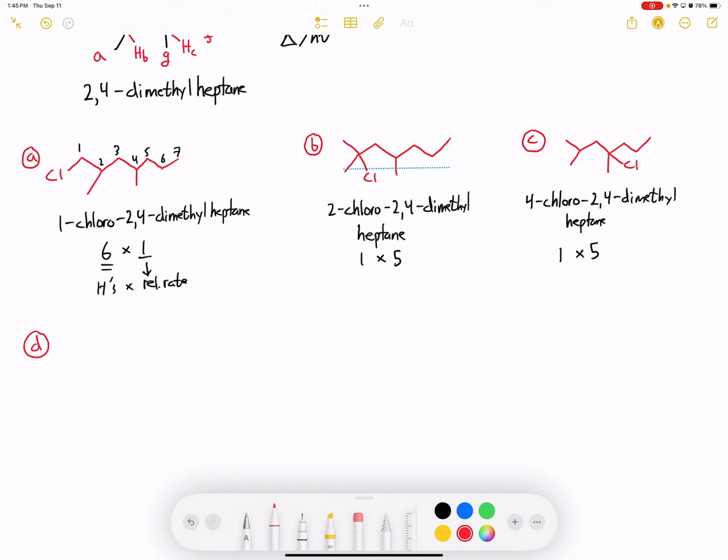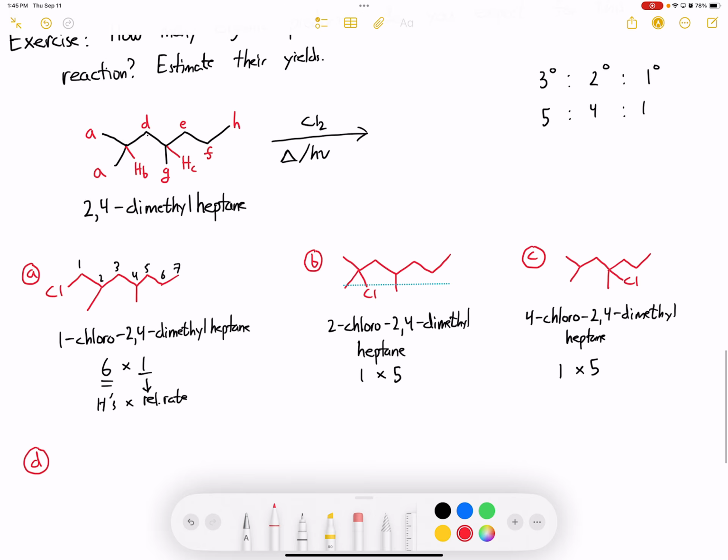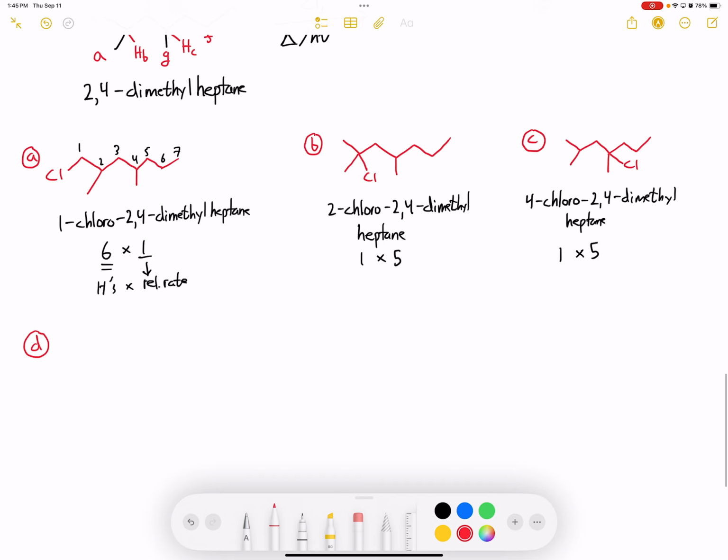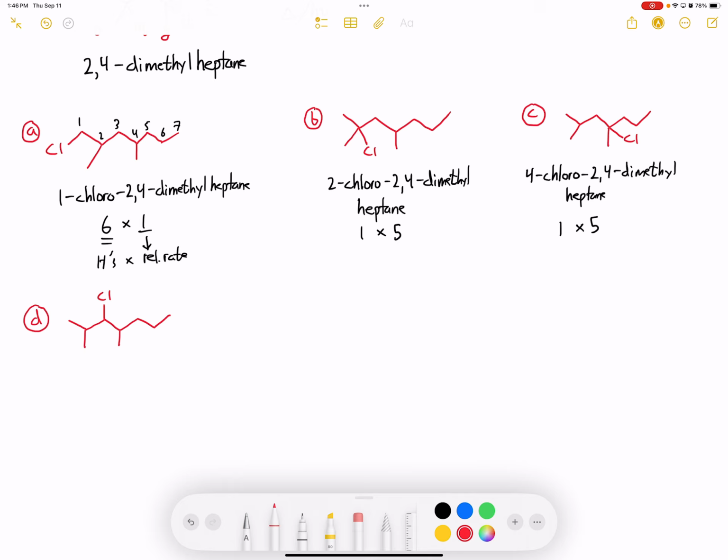So letter D here. We're going to put a chlorine on this position right there. Go ahead and draw it, and then if you can, proceed to name the product. Like here, Cl. So what position is chlorine at this time?